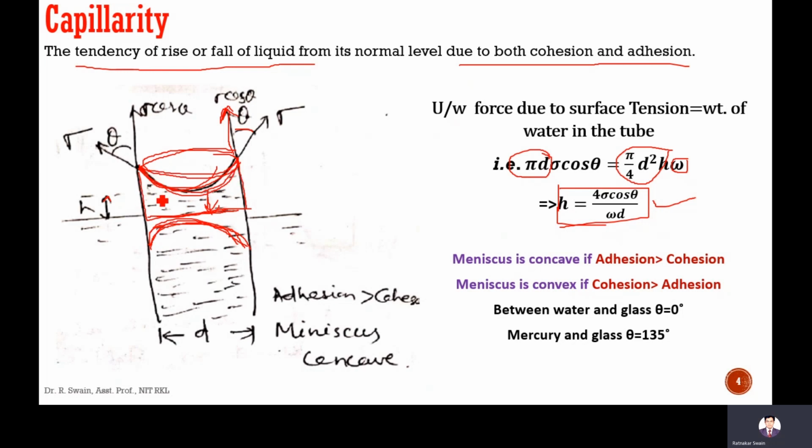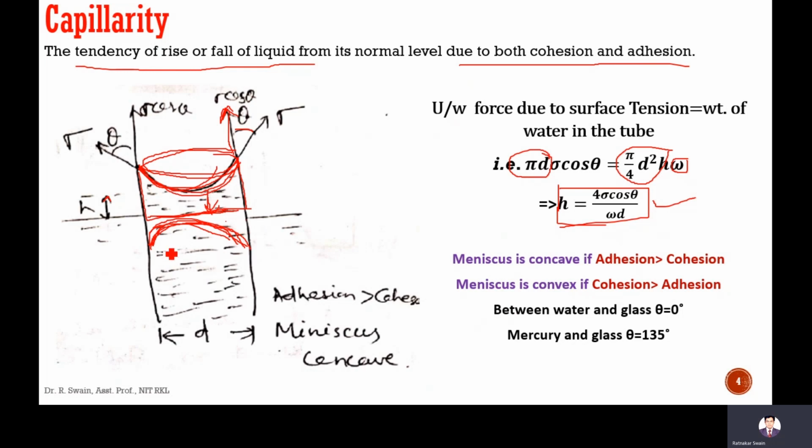This adhesion means between glass and water. And the meniscus is convex if the cohesion is more than adhesion, meaning molecular attraction dominates over adhesion, that is, the force of attraction between the molecules of the liquid and the boundary surface.